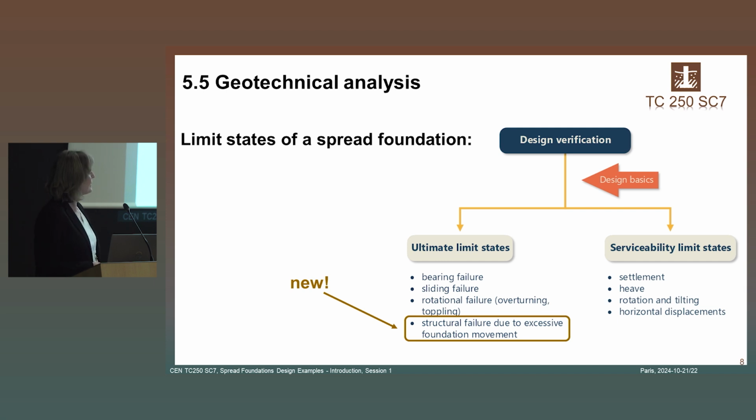What is new is that explicitly you should consider the structural failure due to excessive foundation movements, which may produce a ULS situation of your structure and the spread foundation. In the serviceability limit state, you have to consider settlement, heave, rotation, tilting, etc.